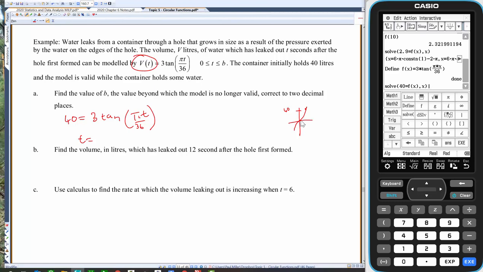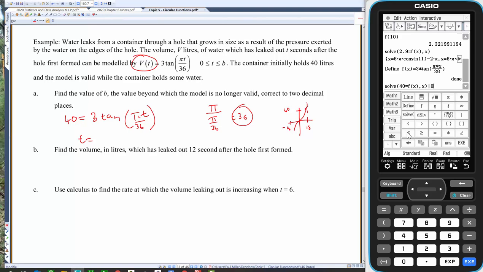Okay, so I want to know when that's going to happen. That's the first positive value that I'm after here. Okay, so in looking at the period, the standard period of tan is pi. The n value here is pi on 36. So 36 will be one cycle. So I know that that is going to be 18 and negative 18 to give me 36. So one cycle of tan is going to be 18. So that 40 is going to be happening somewhere between 0 and 18.